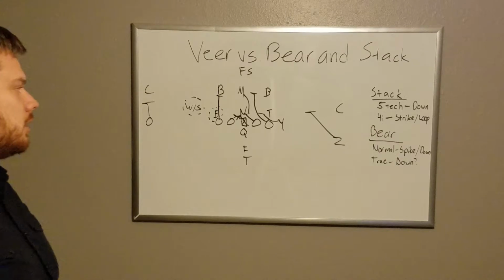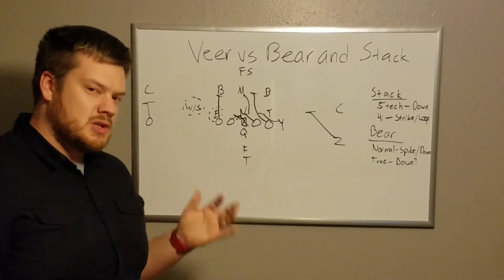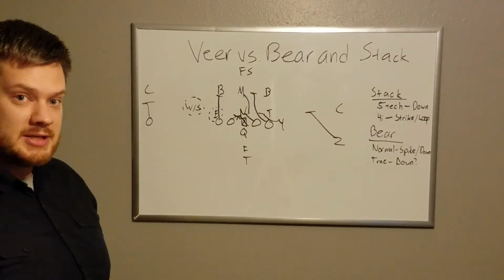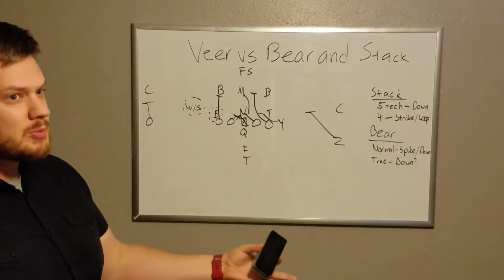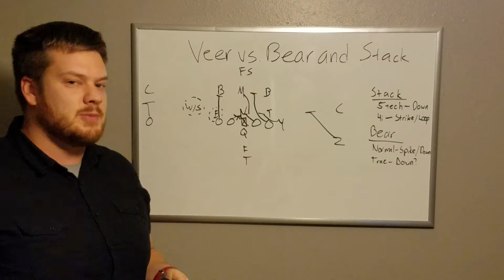Also an excellent call to run Veer versus a stack on that side. Stack defense is very interesting because it takes away some of the complementary things that we like to do, but we feel like we can run Veer very well against it. And we have 2 other plays that we really like. We like power, and we like another play we call lead option pitch.